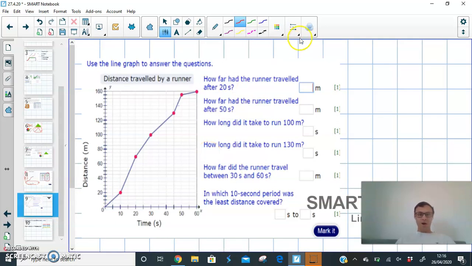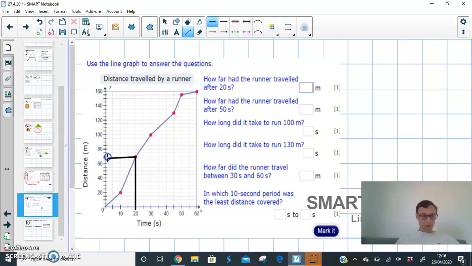Okay, now how far had the runner travelled after 20 seconds? So again, I would go down from 20. Okay, so that's that point, and go along. Okay, and then I would go from this point here. It doesn't specifically ask when it ends, so you would then just work out the distance that he's travelled.